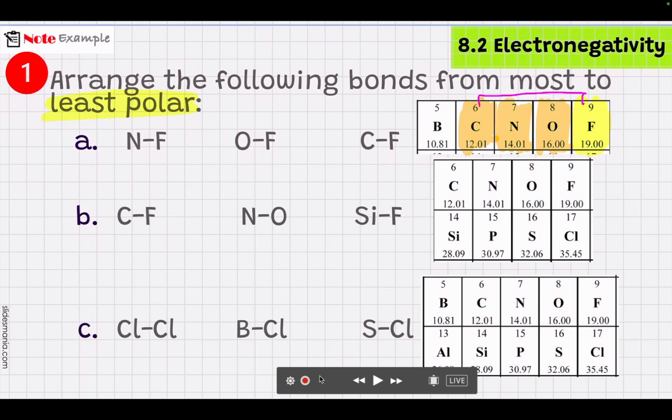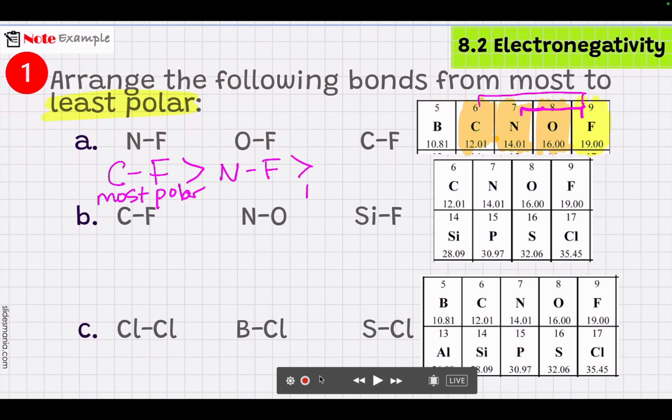So we would write CF has more polarity without even looking up those electronegativities. The next would be the nitrogen with the fluorine.